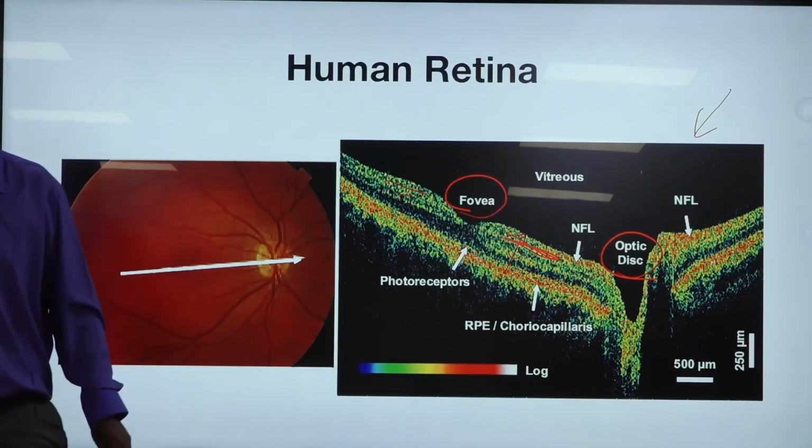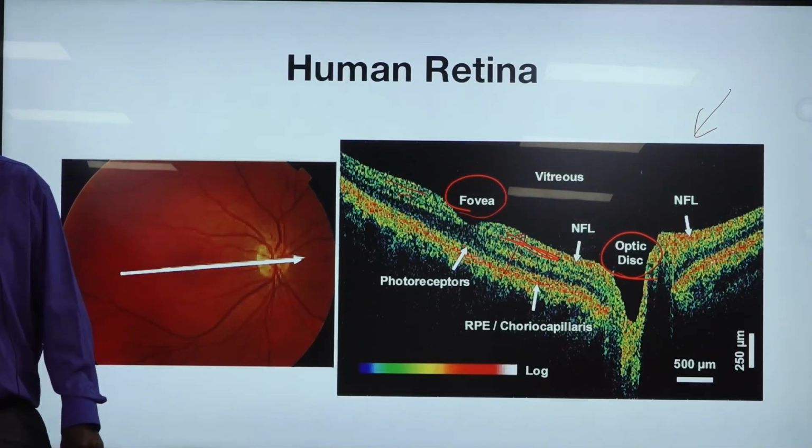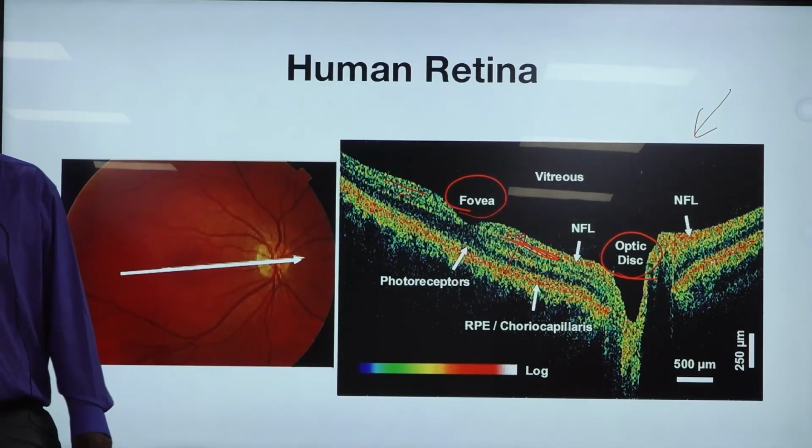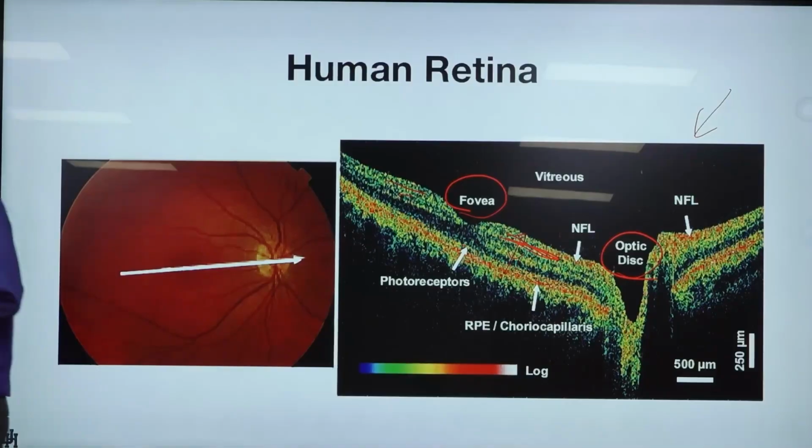Precision in what way? Yes, but can you elaborate on that? So the idea is that for each person's eye, there is natural variation. From one person to the other, there is some variation.